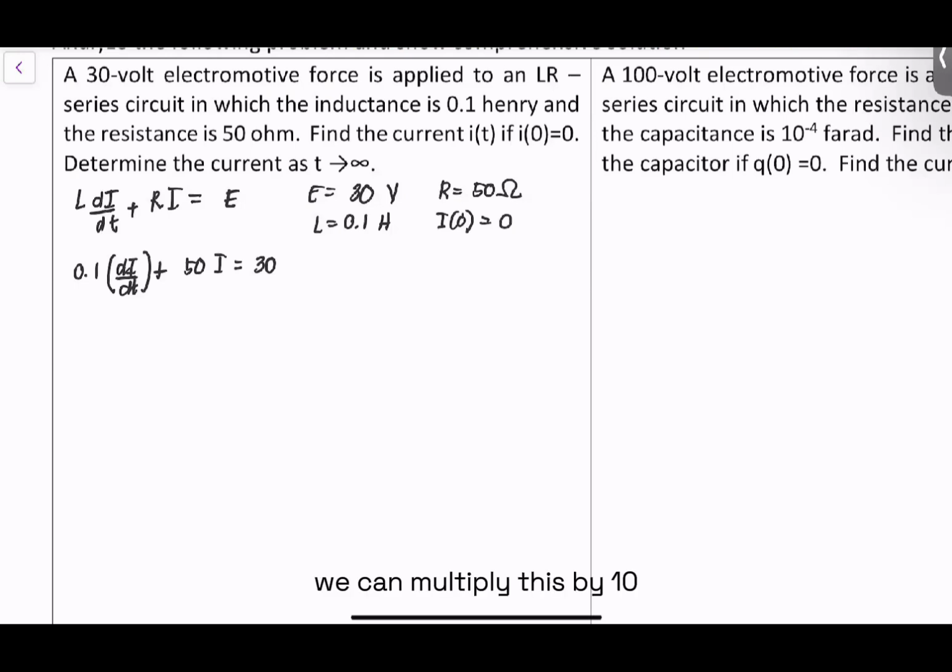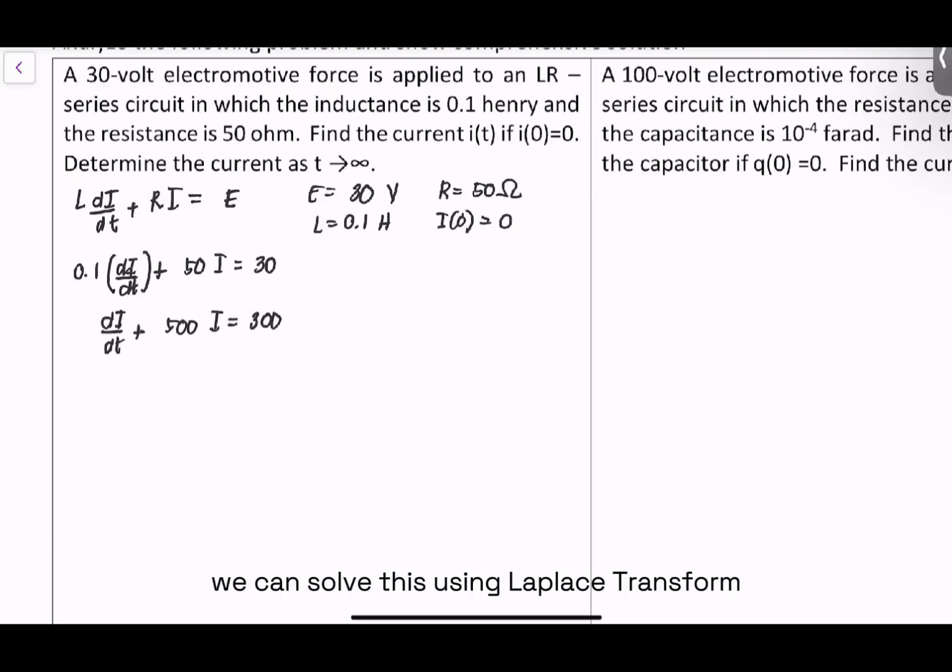We can multiply this by 10, so we will have di over dt plus 500 I equal to 300. We can solve this using Laplace transforms.